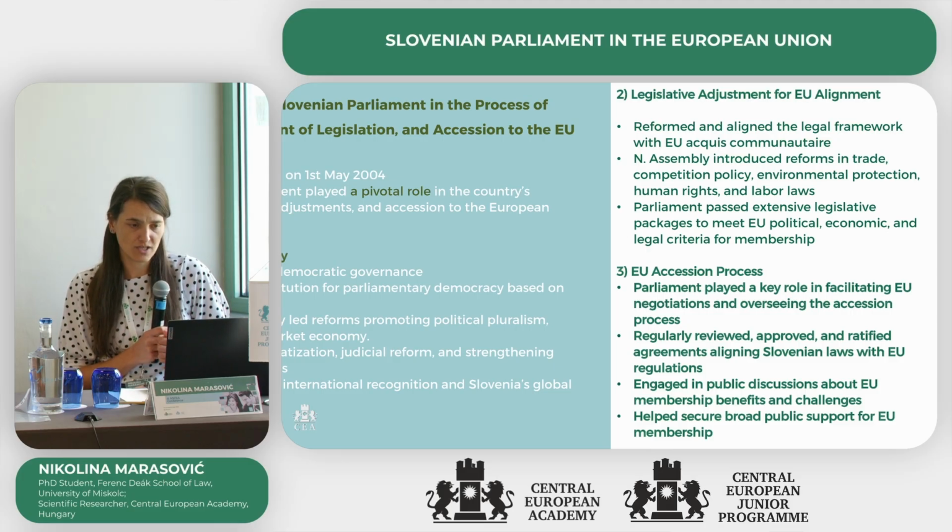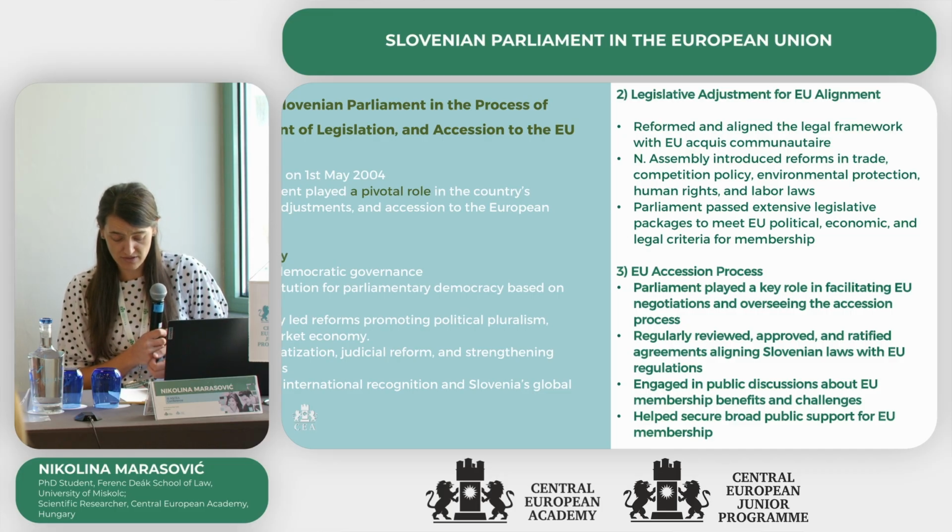When it comes to the legislative adjustment for the EU alignment, a major role of the Parliament during this period was to harmonize the Slovenian legal framework with the European acquis, the body of EU law that prospective member states must adopt.